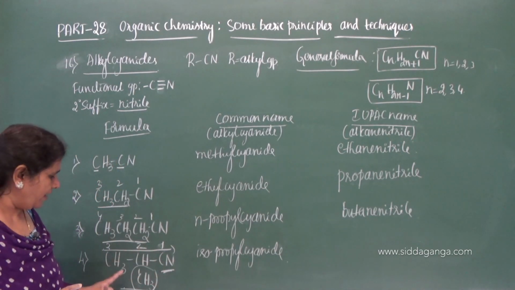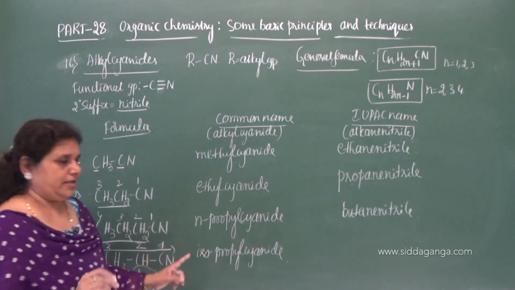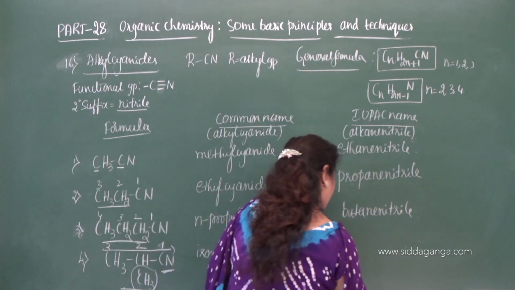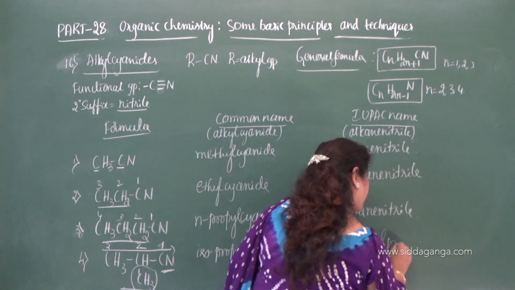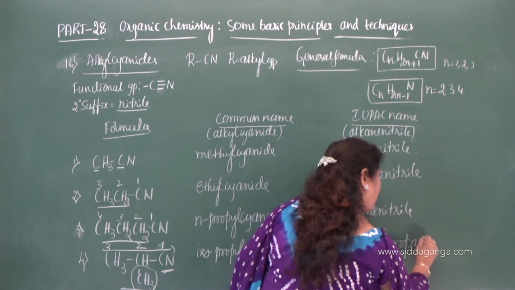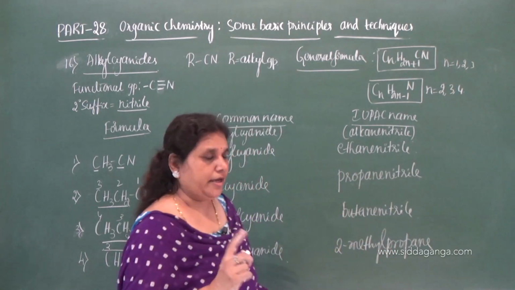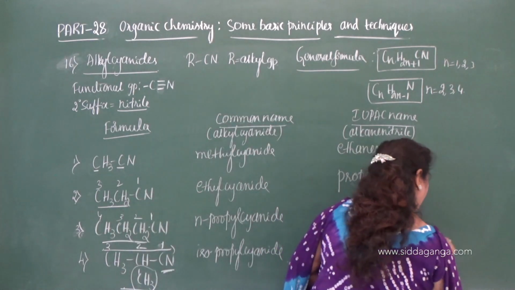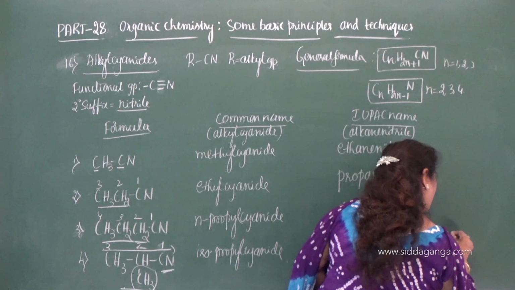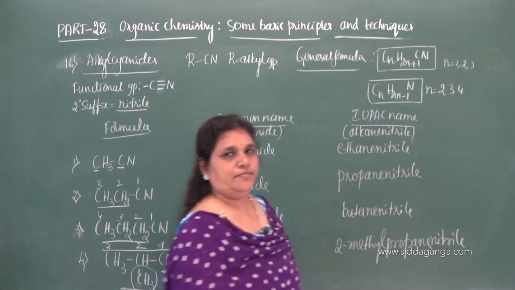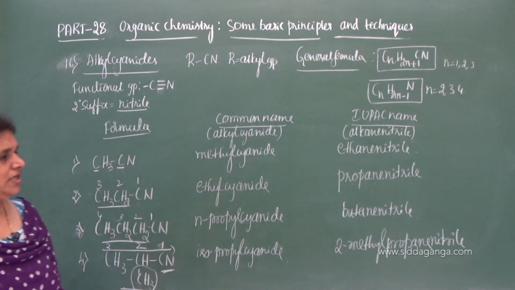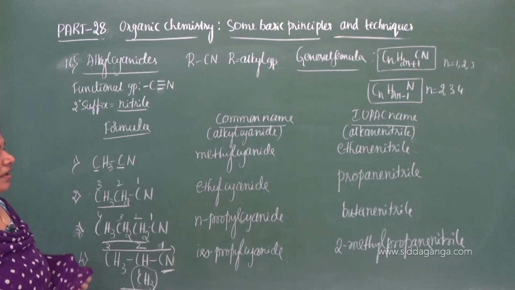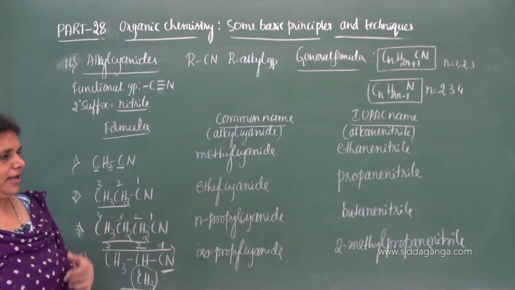So 2-methyl propane 1 nitrile. I ignored the locant 1 here, and hence it becomes 2-methyl propane nitrile. So this is about the cyanides or the alkyl nitriles.